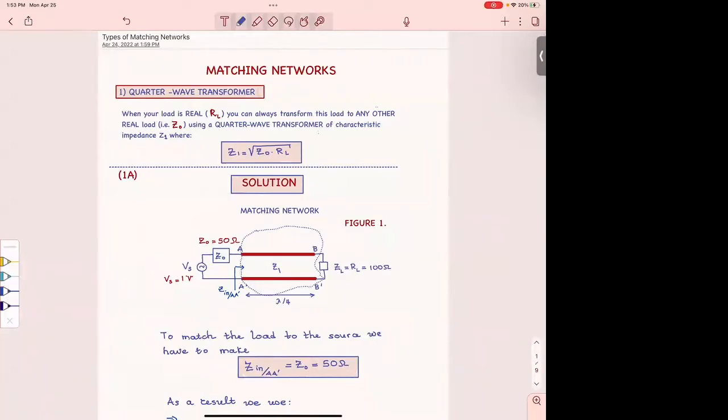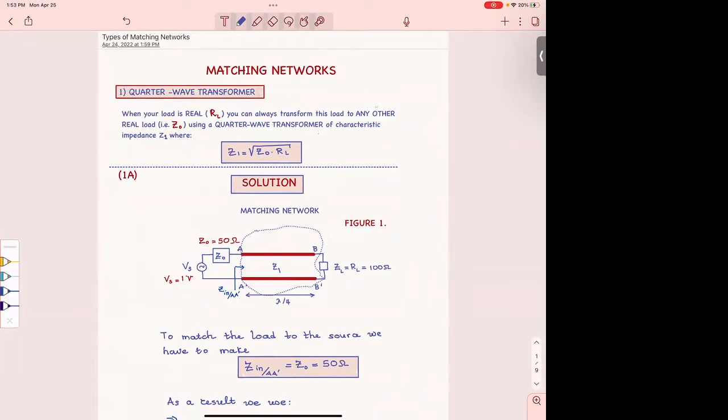So if anybody gives you this problem, where you have a real load and a real internal impedance for the source, you should not even think about anything else, but immediately go to a quarter wave transformer.